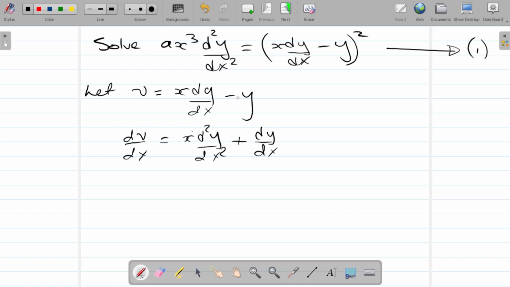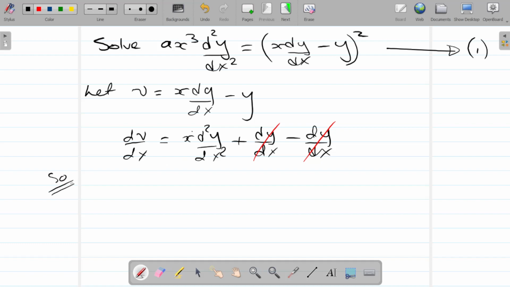And then, of course, we differentiate the minus y term and we get a minus dy by dx. And as you can see, this dy by dx cancels with this negative version. So what we're left with is dv by dx is equal to x times d squared y by dx squared.